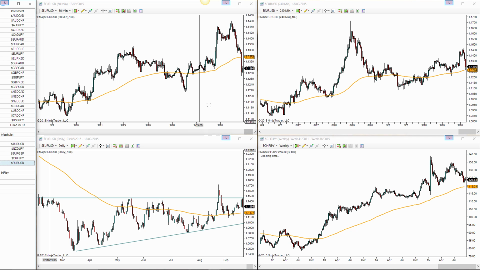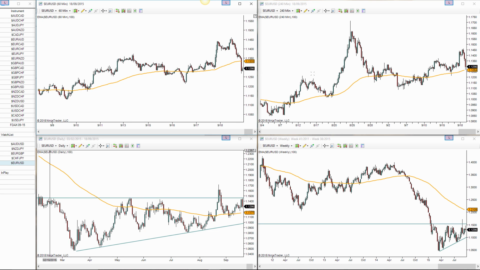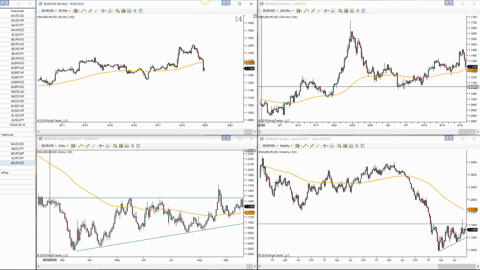And then finally, the final one that we're going to look at this week is the euro dollar. Now, we're actually already in this euro dollar trade. We took a long euro dollar trade on Tuesday off the back of the Fed rate decision. So we thought that we would see some dollar weakness in the short term. We took an initial position there.